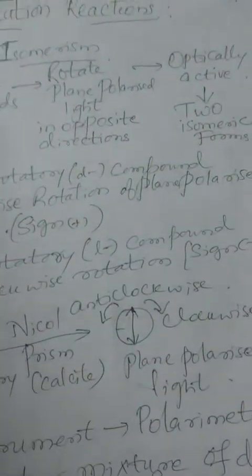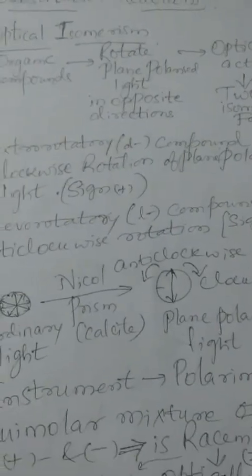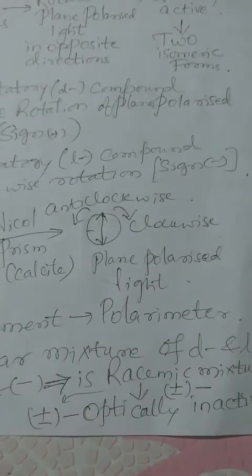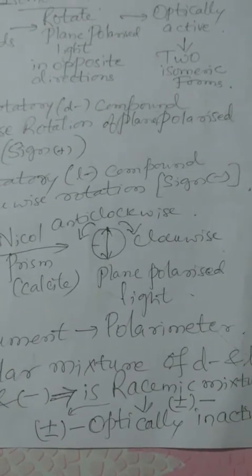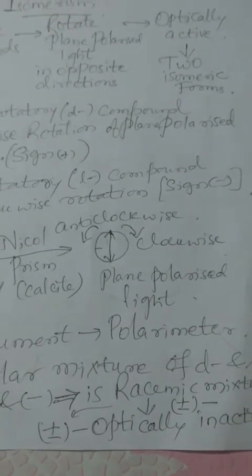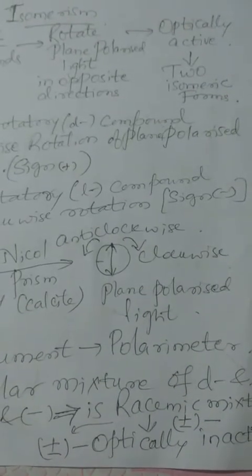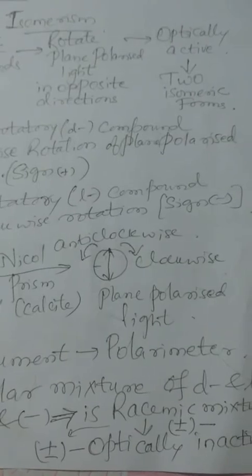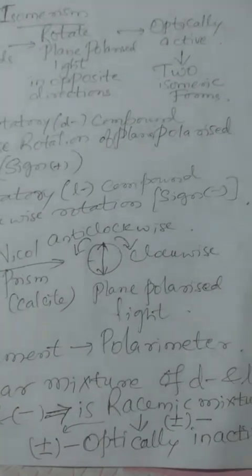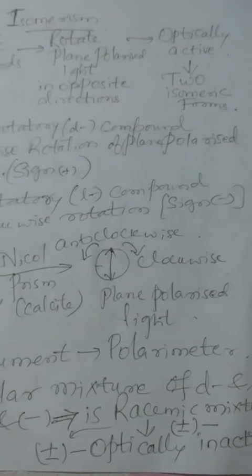The d compound is indicated by the plus sign, the l compound by the minus sign. The magnitude of rotation of plane polarized light is measured in degrees. If one isomer is, for example, plus 20 degrees, the other isomer will be minus 20 degrees, in that way.